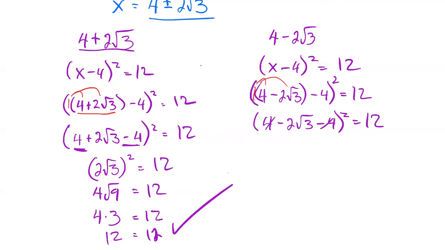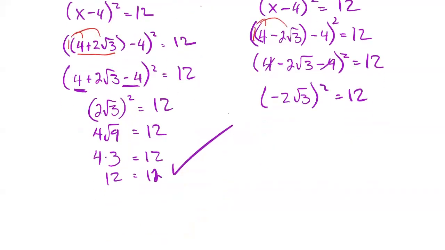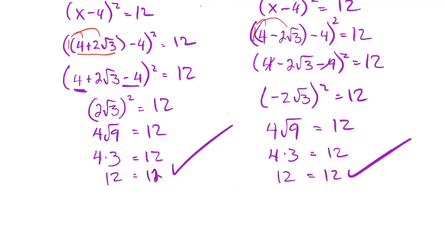Those will cancel. I'm left with minus 2 root 3 squared equals 12. A negative times a negative is a positive. 2 root 3 times 2 root 3 is 4 root 9, just like the other side. The square root of 9 is 3, and 4 times 3 is 12. Verified.